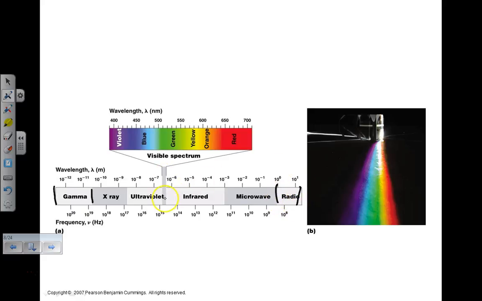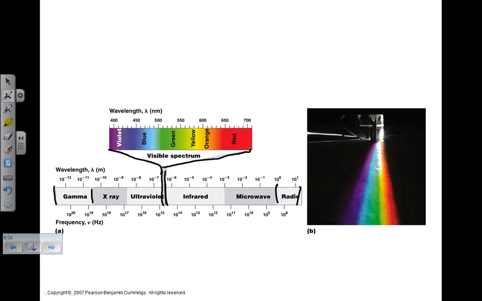And notice the smallest part of the electromagnetic spectrum is the part of the spectrum that we can see. So there's a whole boatload of stuff out there that's happening that we can't really experience with our eyes. And that's kind of interesting.